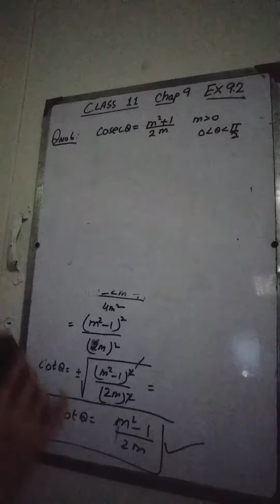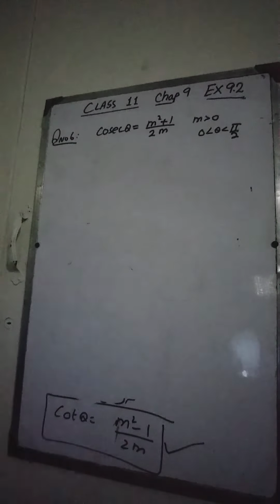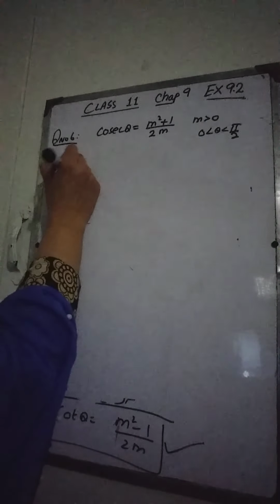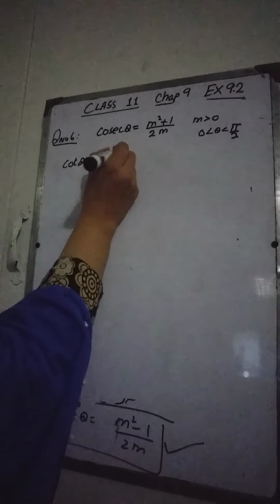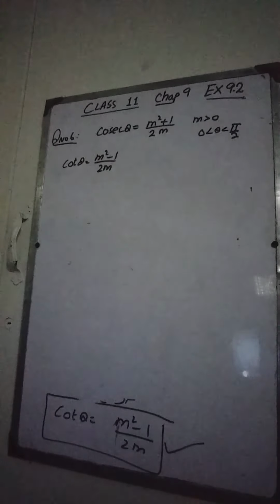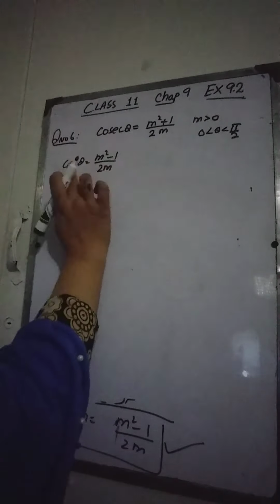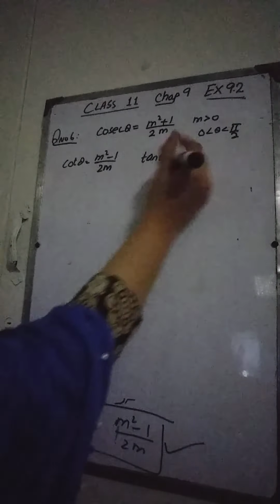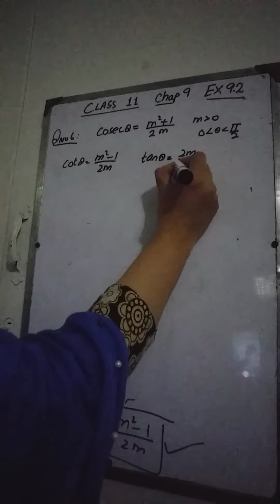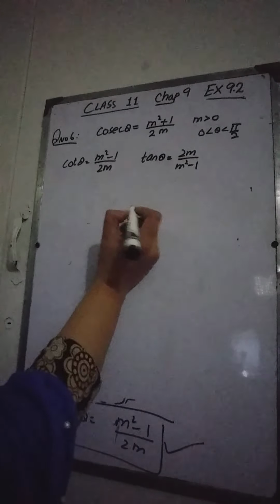We have found cot theta, and we know that tangent theta is the reciprocal of cot theta, so tan theta will be 2m over m square minus 1.